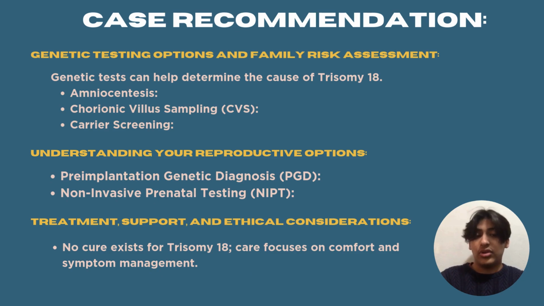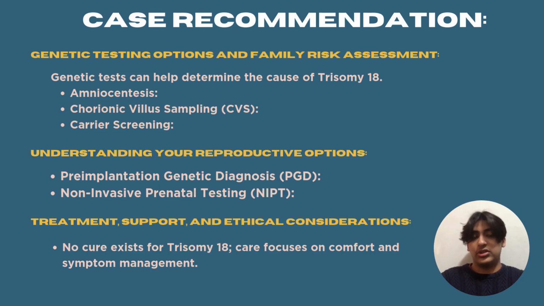However, if a balanced translocation is identified and present, options like preimplantation genetic diagnosis, or PGD, a test during in vitro fertilization to check embryos for genetic conditions, are recommended and can be considered for future pregnancies. You may also choose to monitor future pregnancies with screenings like non-invasive prenatal testing, which is a blood test to check for genetic conditions in the baby. These can provide early insights into potential risks.